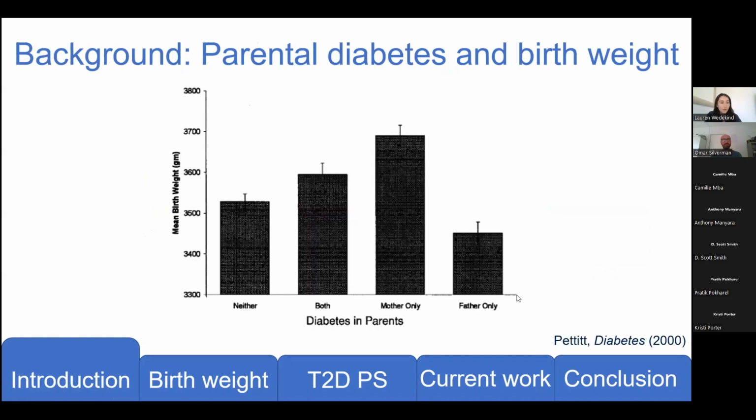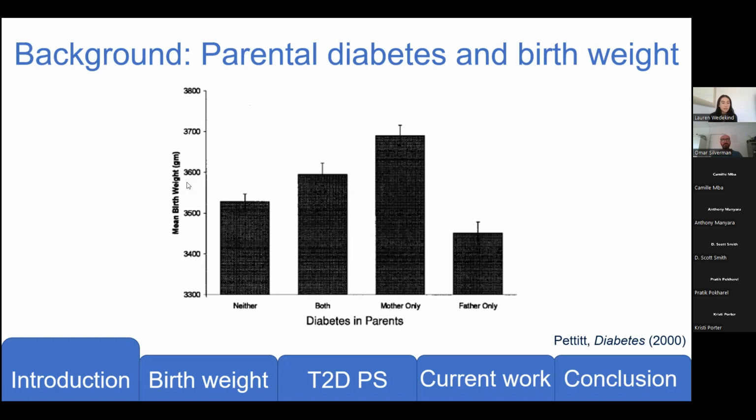All right, work from my research group that's based in Phoenix has been really brilliantly done, looking at diabetes in parents versus birth weight. On the horizontal axis, there are different categories. If neither parent had diabetes, that's the reference category.